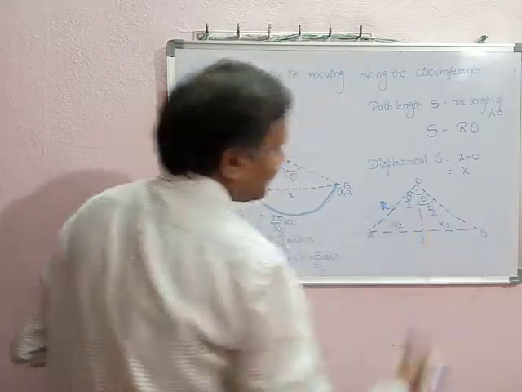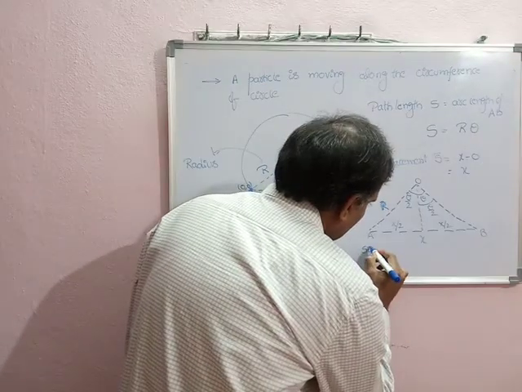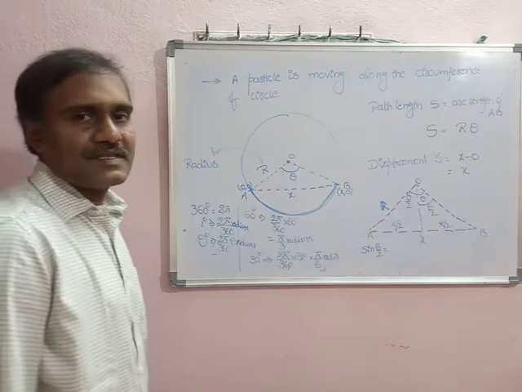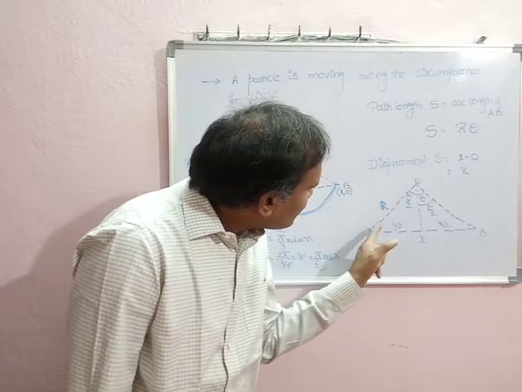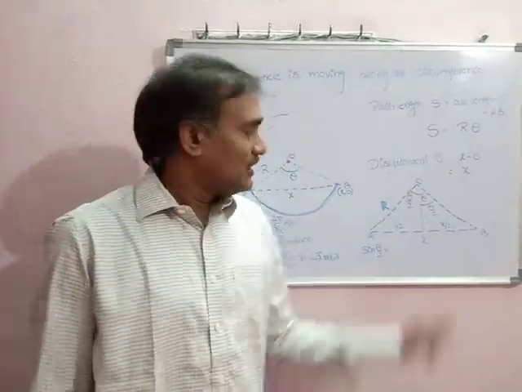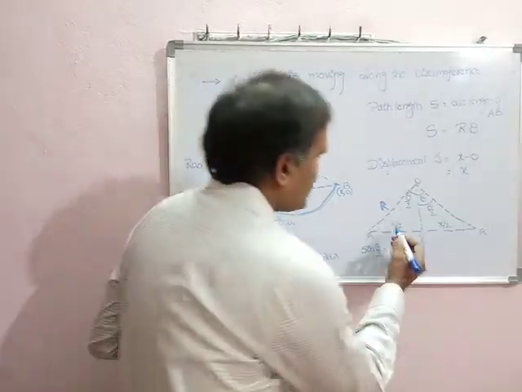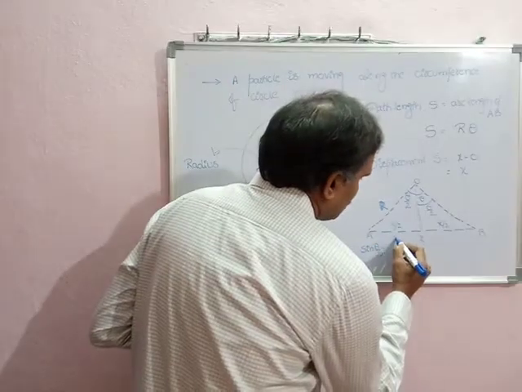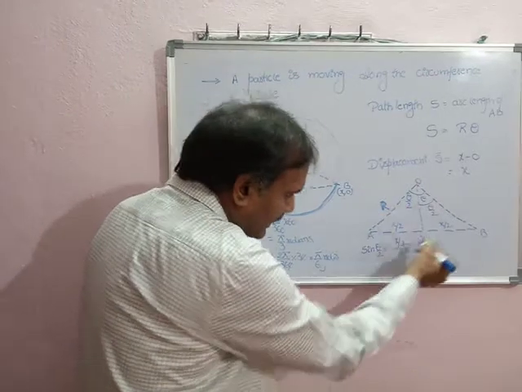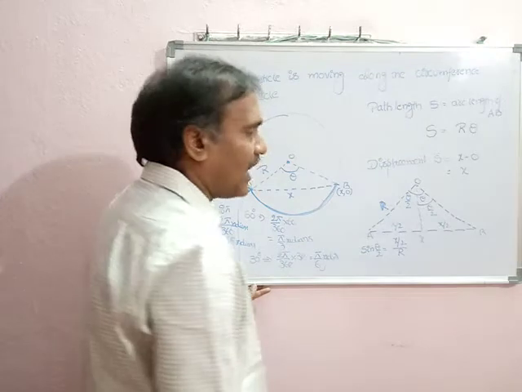Now you tell me, sin theta by 2 is equal to how much? Opposite side divided by hypotenuse. What is the opposite side? x by 2 divided by r. In this triangle, sin theta by 2 is equal to x by 2 divided by r.